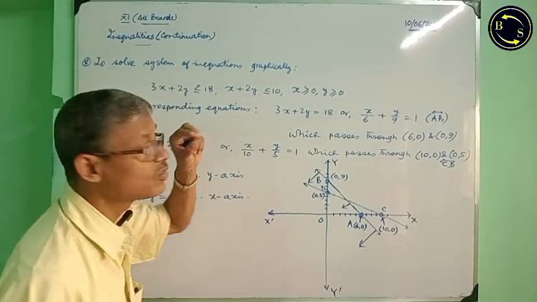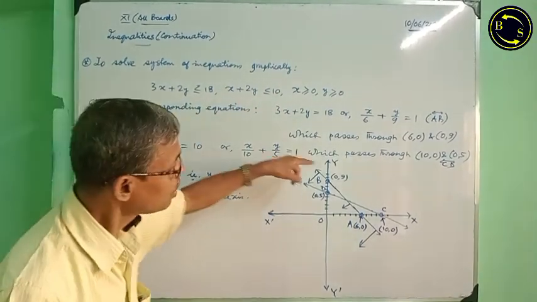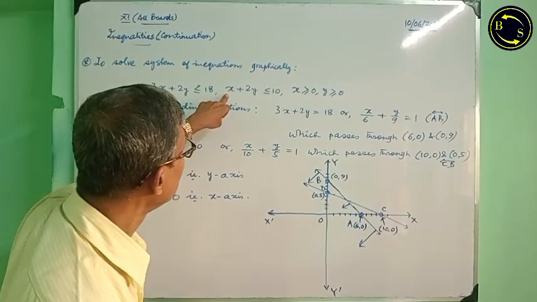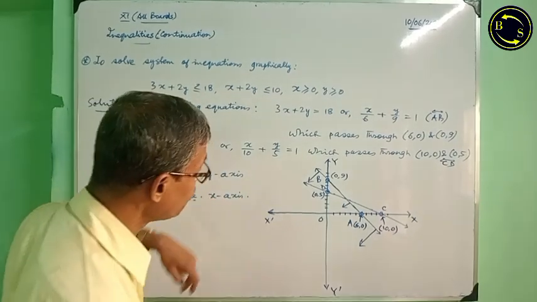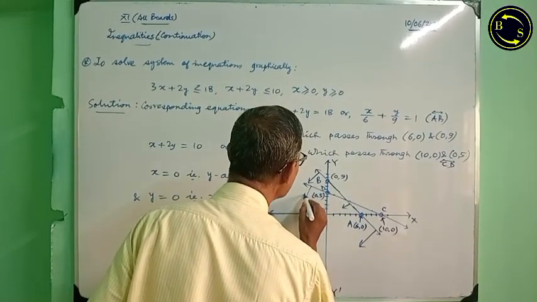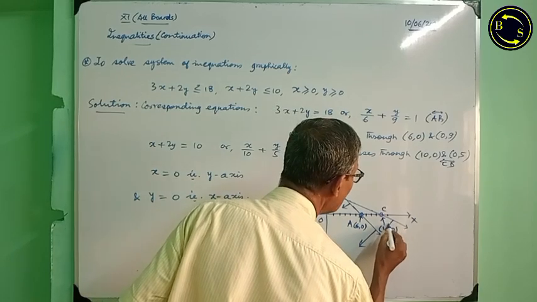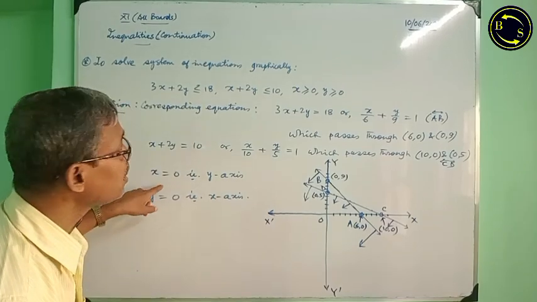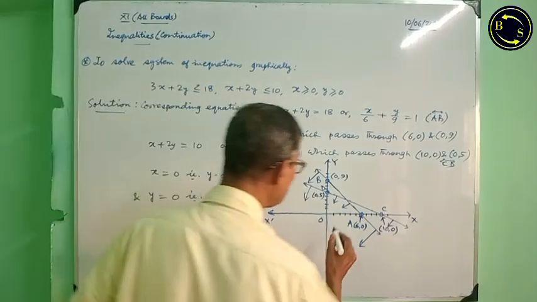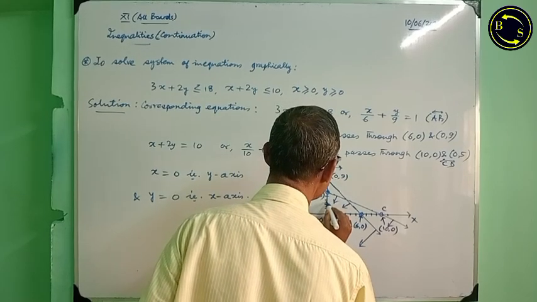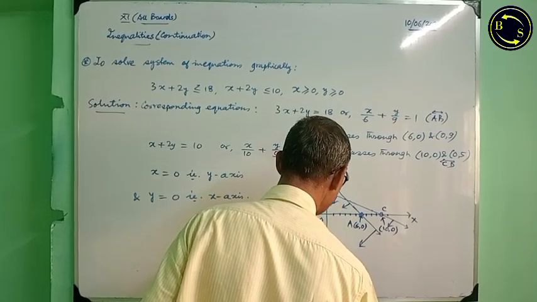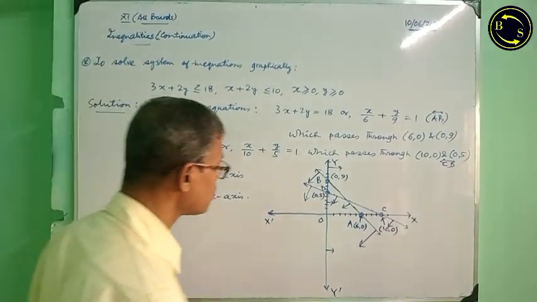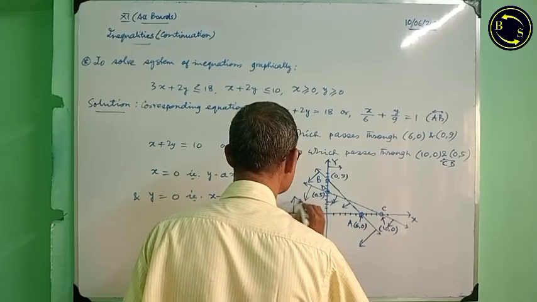Same logic, 0, 0 is not lying on the line, therefore we take that for determining the region. Since 0 is less than 10, the region towards the origin is the solution region. Then x greater than or equal to 0, that means the right side of the y-axis. y greater than or equal to 0, that means above the x-axis.